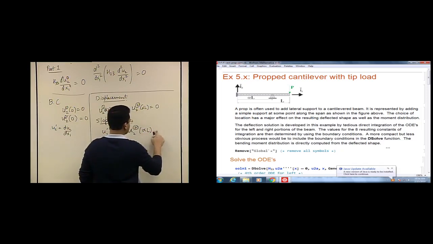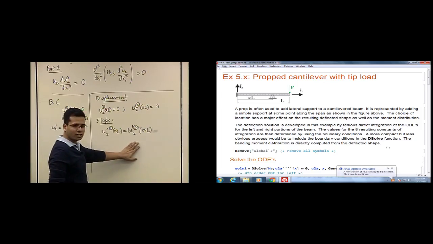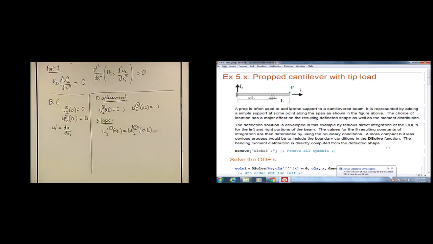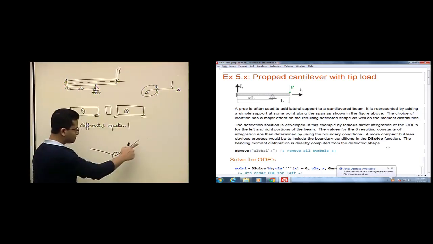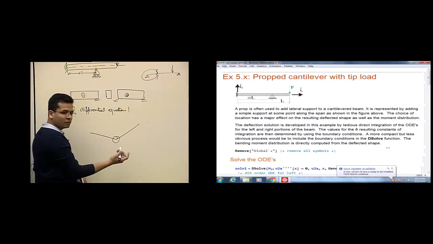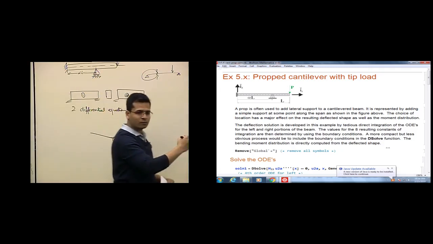The slope on the right end of part 1 should be equal to the slope of the left end of part 2. The slope cannot be something where the beam deforms like this. There cannot be a sudden jump, right? So the first order derivative of displacement should be continuous so that it's smooth.